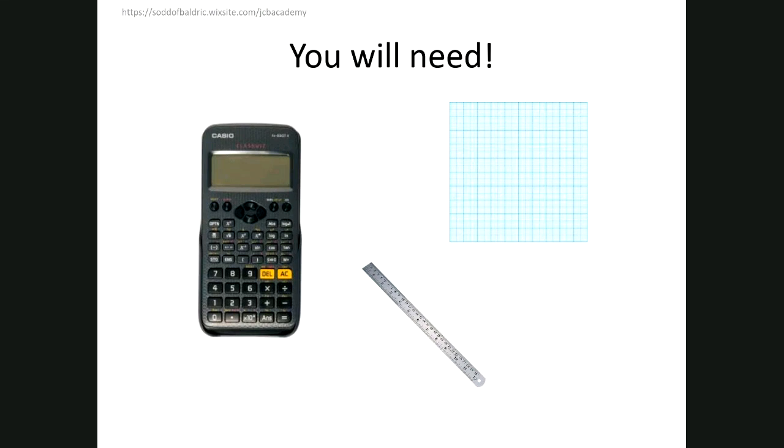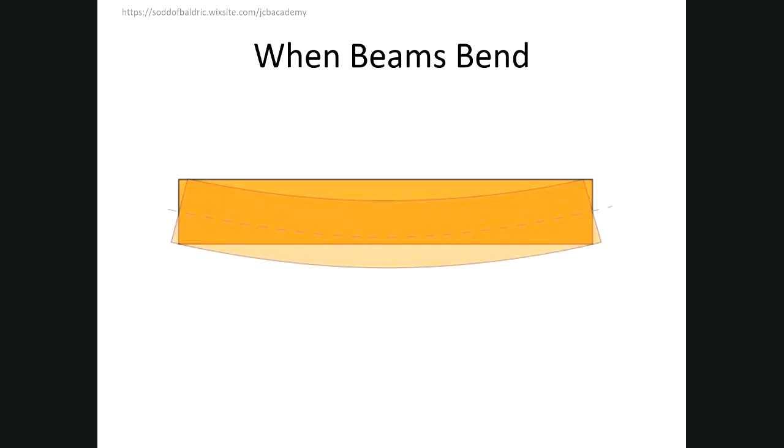So I've got a beam, and what's going to happen with this beam is as we put a force, in this case a downward force on the top of this beam, then it's going to cause the middle to bend, as we can see in the slightly shaded.